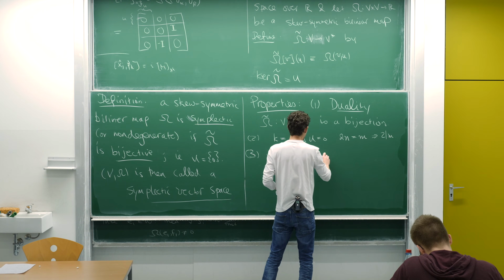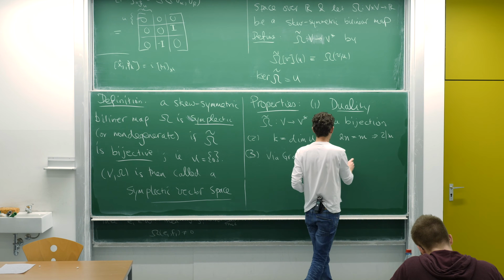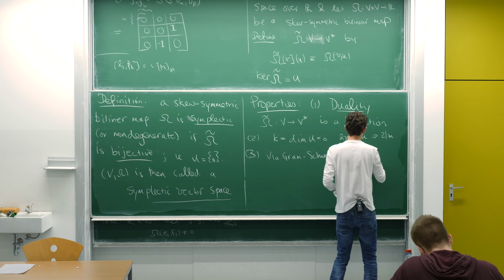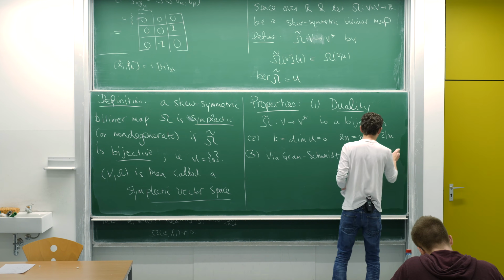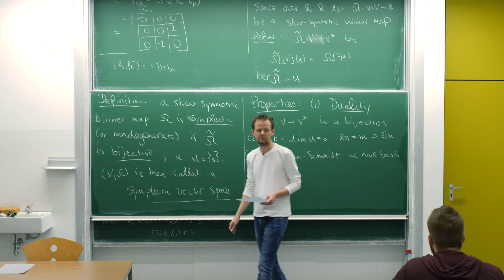Via Gram-Schmidt above, we have a basis with just e's and f's. We don't have any u's.